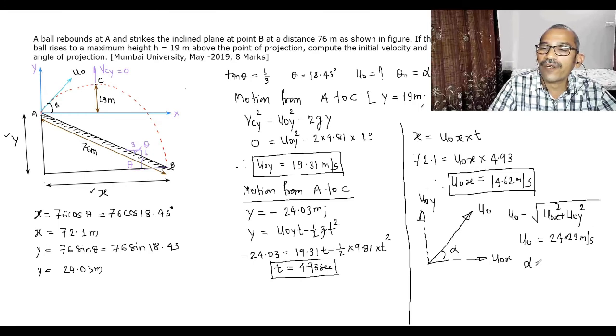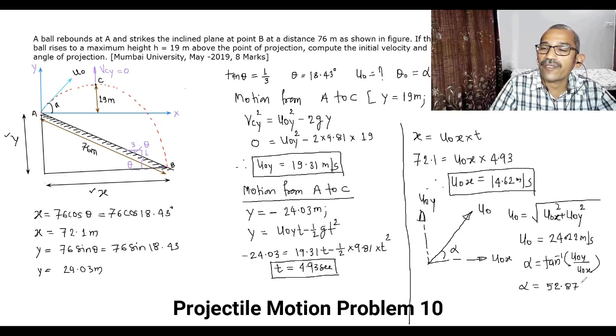Angle alpha we will find using tan inverse of u0y upon u0x. If we substitute the u0x and u0y values, we will get the inclination, which comes out to be 52.87 degrees.